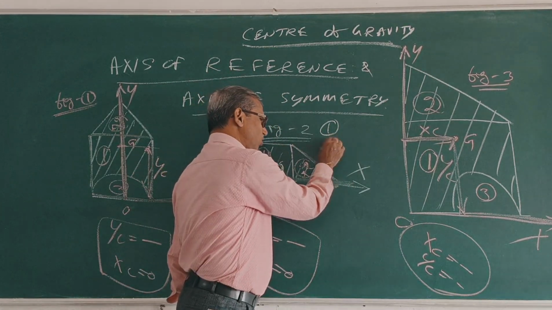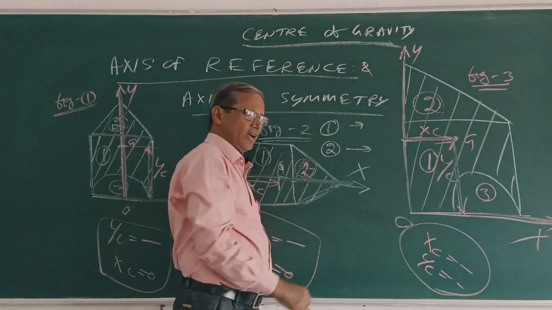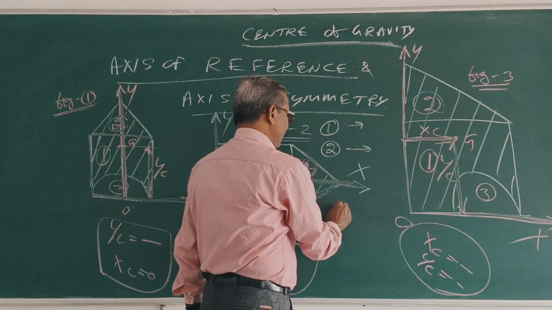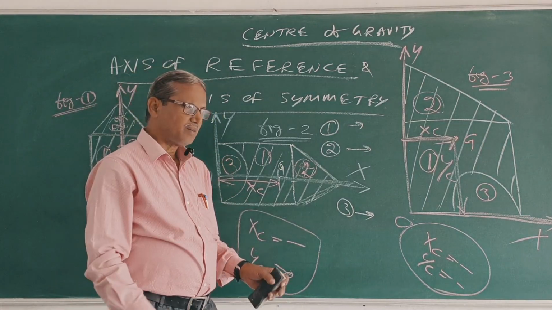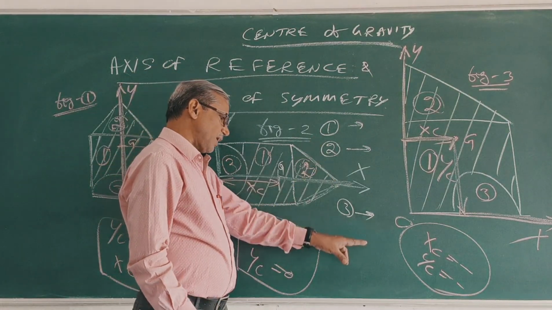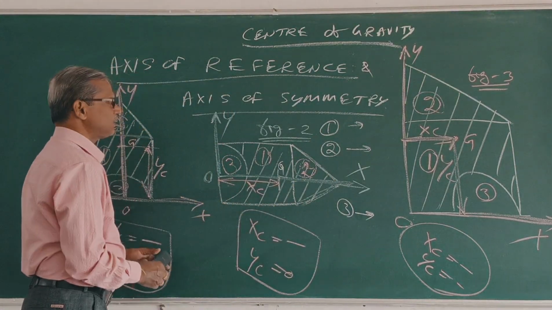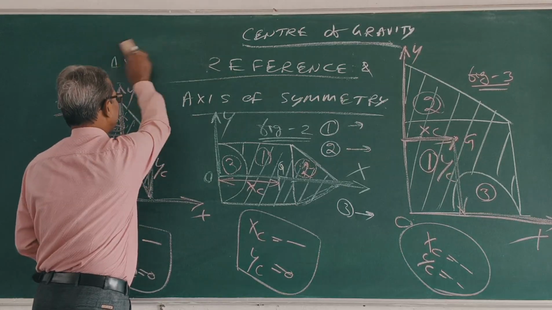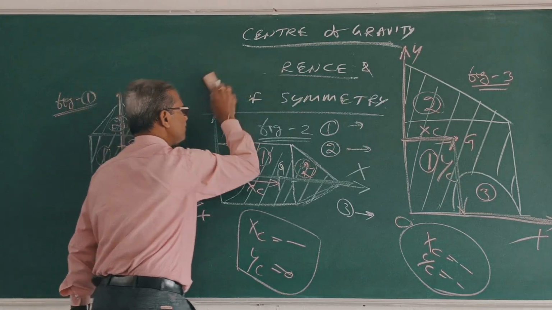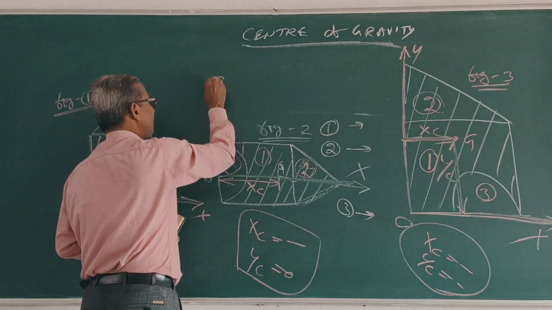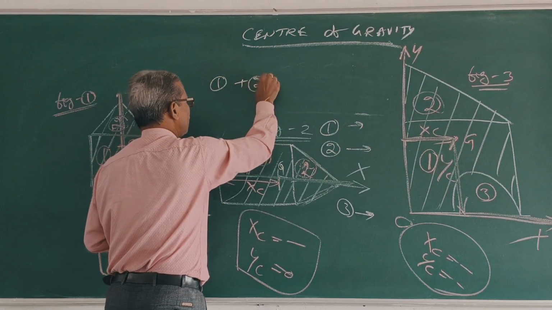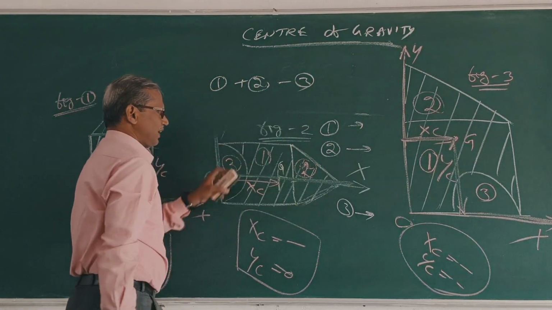For 2: x2, y2, a2. For 3: x3, y3, a3. Then we'll use the formula. The formula is 1 plus 2 minus 3. Clear?